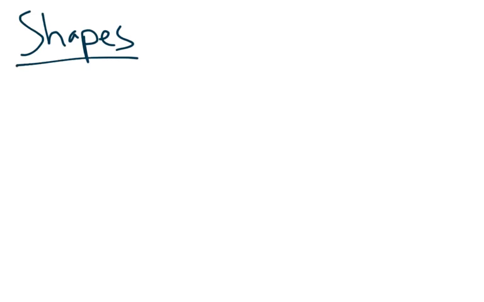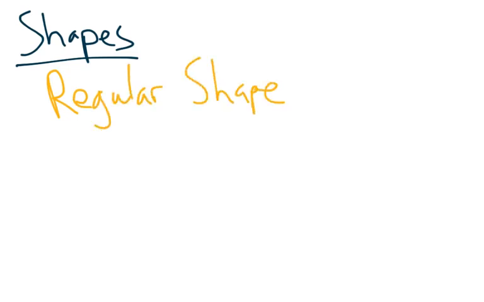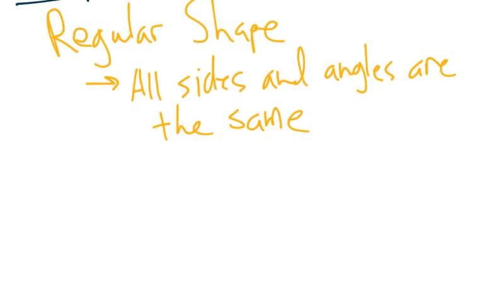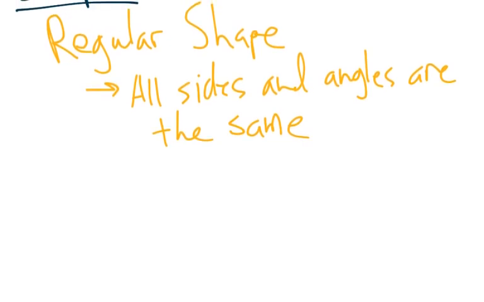So a couple of basic things I want to address right off the bat. First of all, what it means if something is a regular shape. A regular shape is one where all sides and angles are the same. The classic example of this would be your square, where each side is the same.